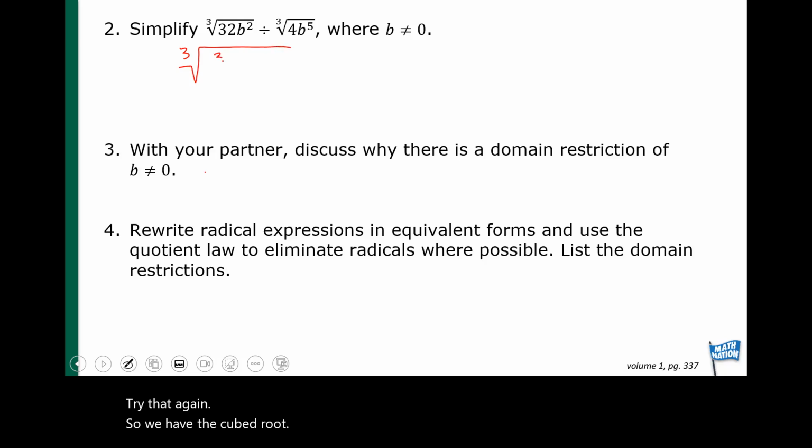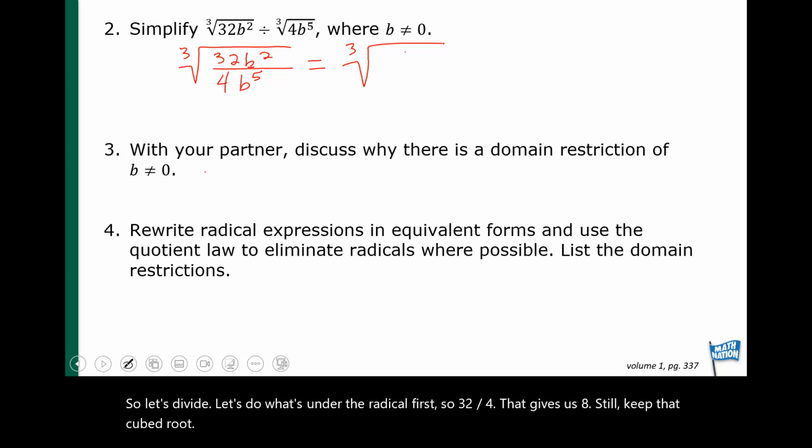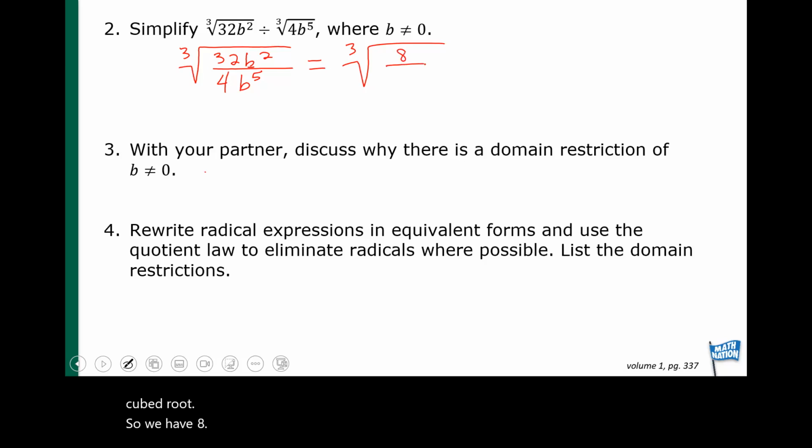We have 32b to the second, and because we're dividing, it's going to be a fraction over 4b to the fifth. Remember, b cannot equal 0. So let's divide what's under the radical first. 32 divided by 4 gives us 8. Still keep that cubed root. So we have 8, and I'm keeping a fraction under the radical symbol.